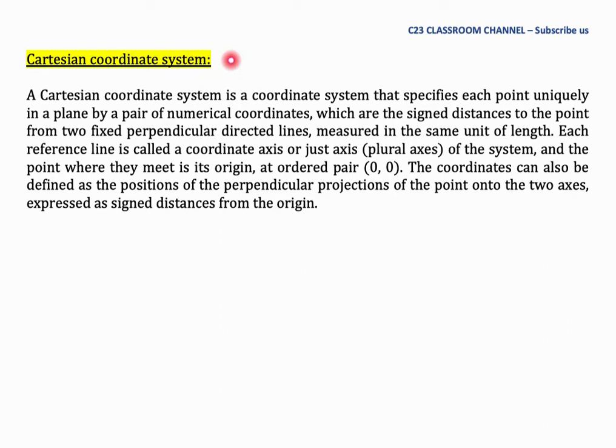Each reference line is called a coordinate axis or just axis of the system, and the point where they meet is its origin, the ordered pair (0, 0). The coordinates can also be defined as the position of the perpendicular projection of the point onto the two axes, expressed as signed distance from the origin.